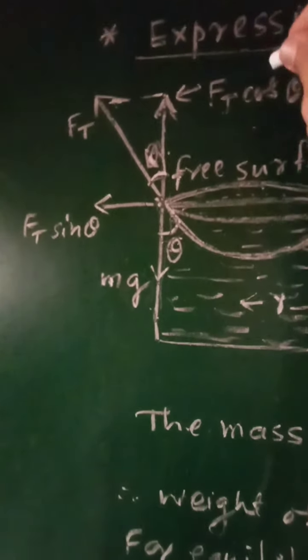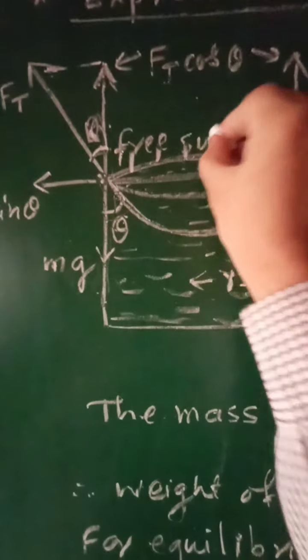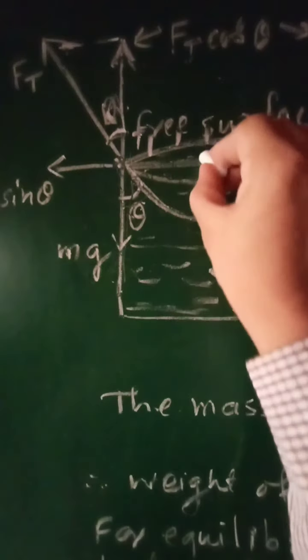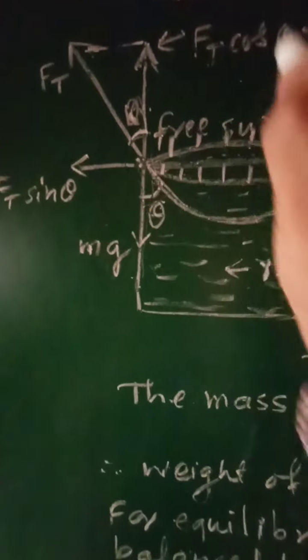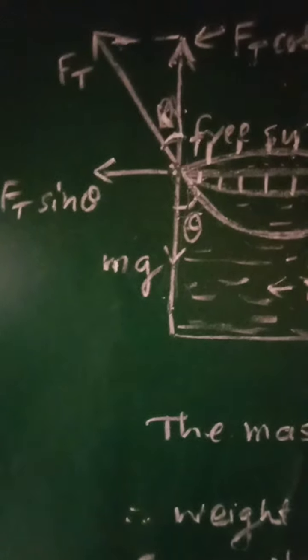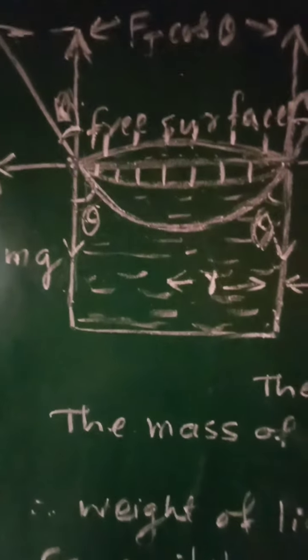So that Ft cos theta will be acting at each and every point like this on the circumference of that circular top surface of that water, and therefore these forces are acting in the upward direction. As they are acting in the same direction, they will get added to each other.